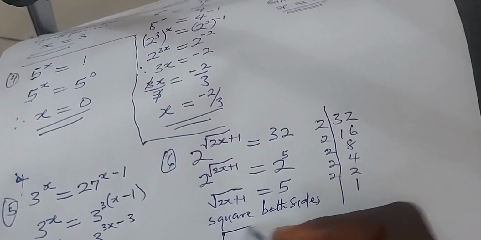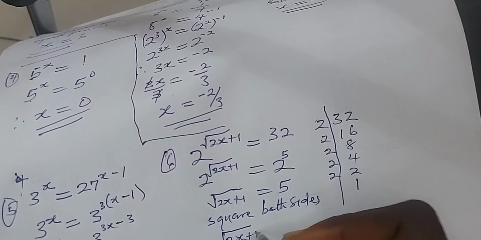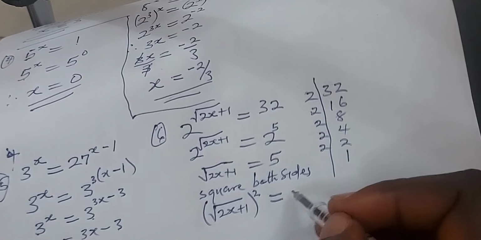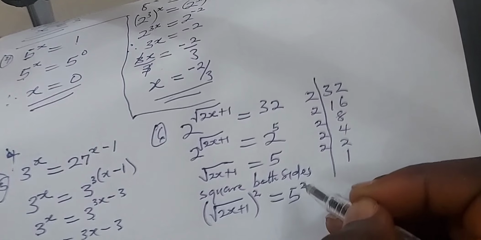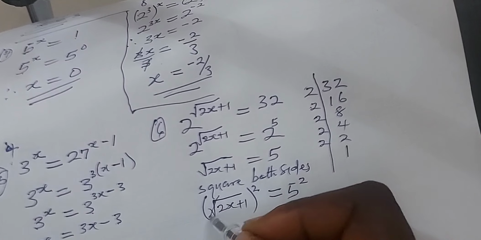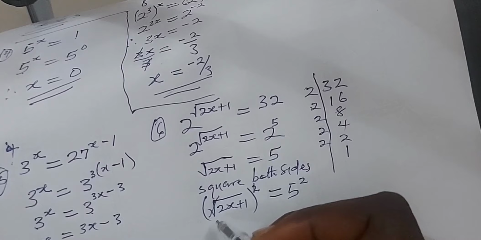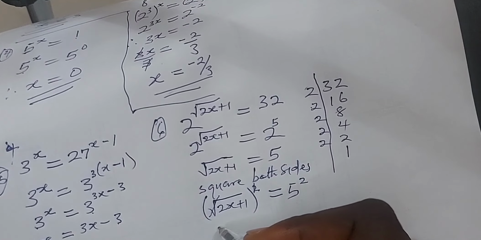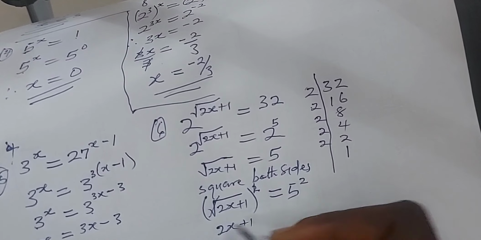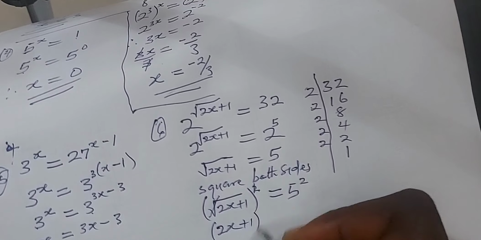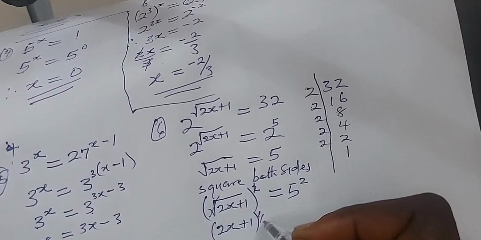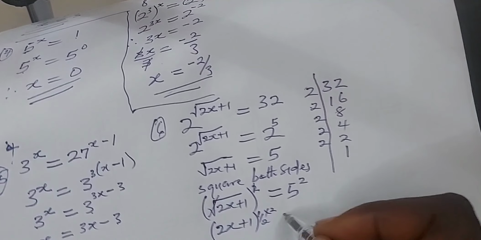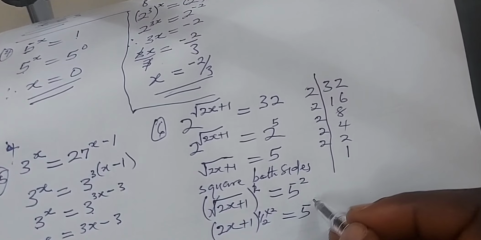Now we have square root of 2x plus 1, everything squared, and you have 5 squared. So this one cancels this. Or you can change it to 2x plus 1 in bracket raised to the power of half multiplied by 2 equals 5 raised to the power of 2.